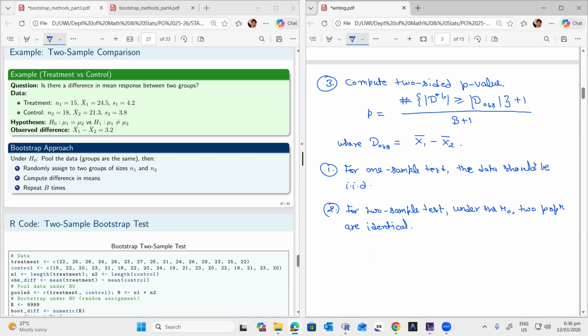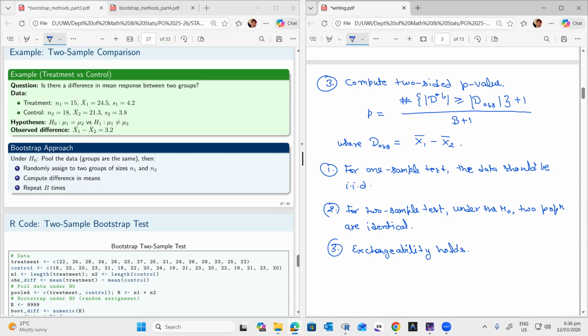And the third assumption is that exchangeability should hold. So under H naught, the observations are exchangeable between groups.